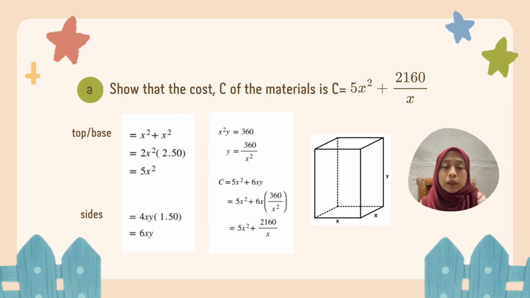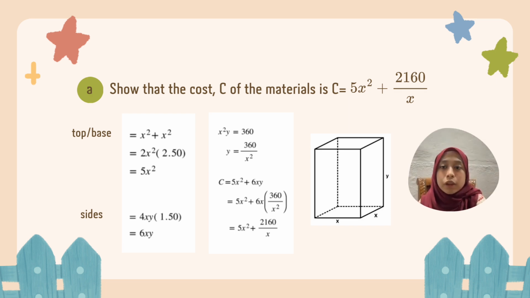For the cost of the sides, there are 4 rectangular sides, each with an area xy. Their total area is 4xy. Given the cost per unit area for these surfaces is RM1.50, we need to multiply it with 4xy, and the answer is 6xy. From the volume equation, x squared y equal to 360, we need to solve for y, and y equal to 360 over x squared.